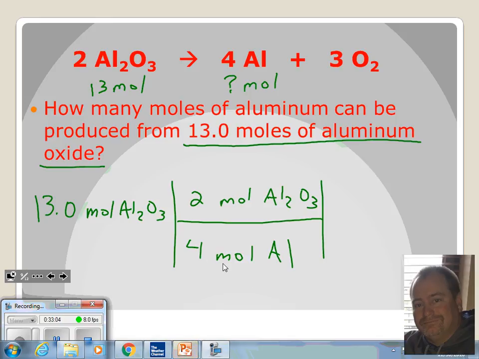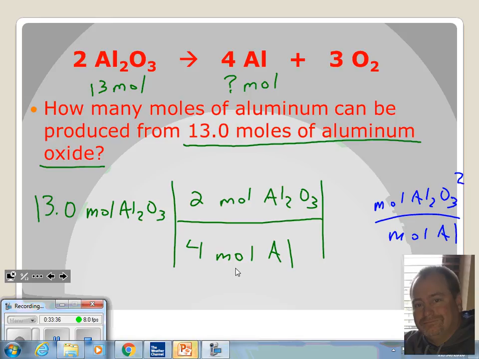No. So if I would look at this, my actual label would be mole of Al2O3 squared over mole of Al. Is that anything near what I want to have? No. Okay? I have to get a cancellation to convert from one thing to the other.